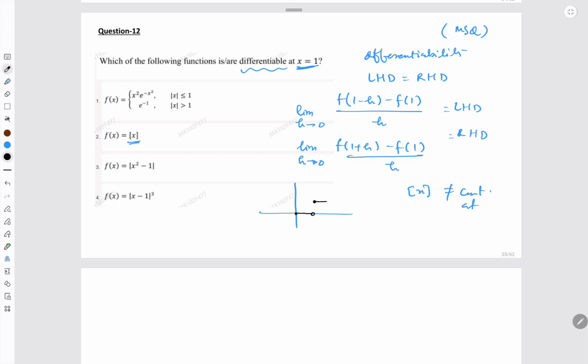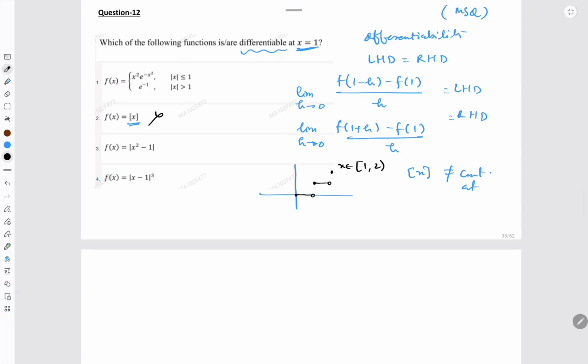Then it remains the same for any quantity belonging to 1 to 2, but at exactly 2 it becomes 2. So at 1 it is not continuous at all. So how can it be differentiable? Differentiability should imply continuity. If the function is not continuous, it is not differentiable. First point of check. So this is incorrect.